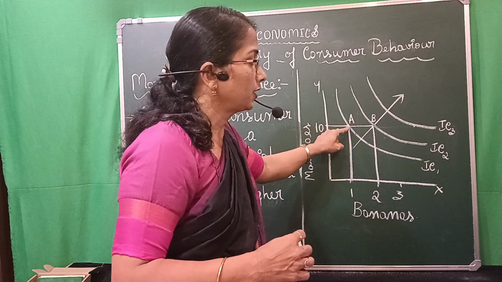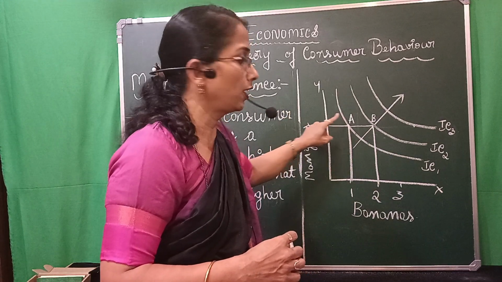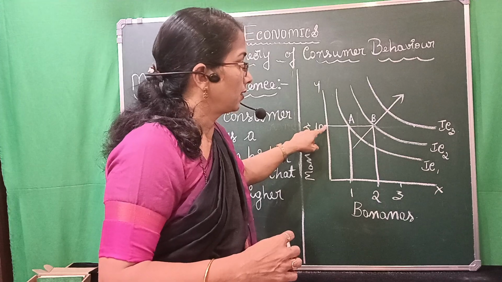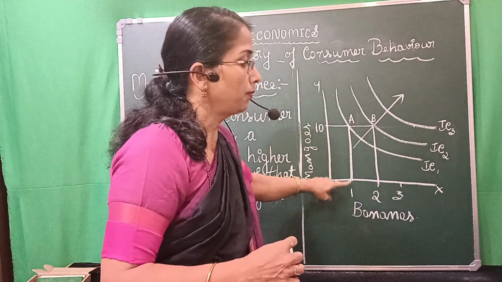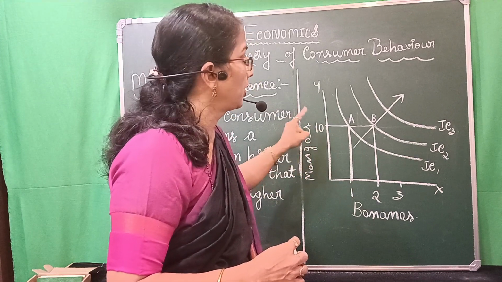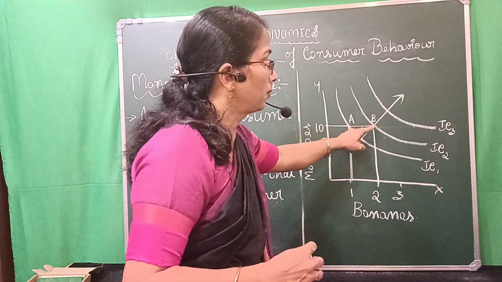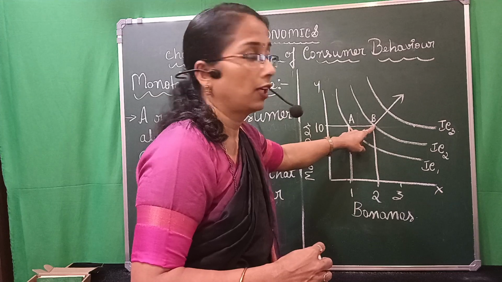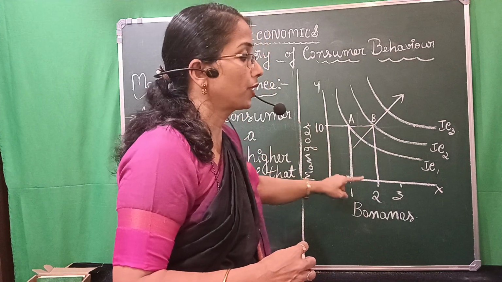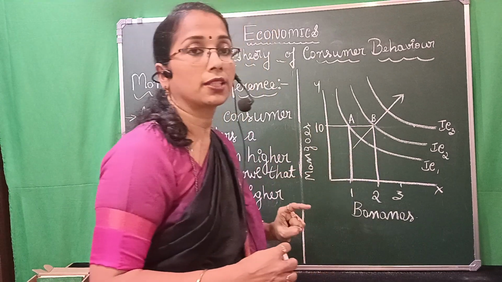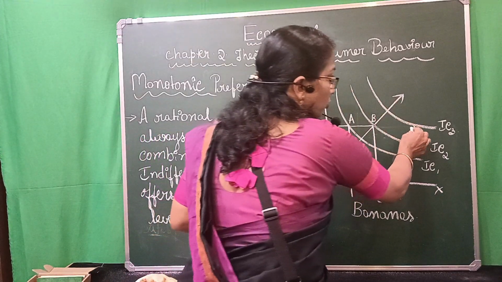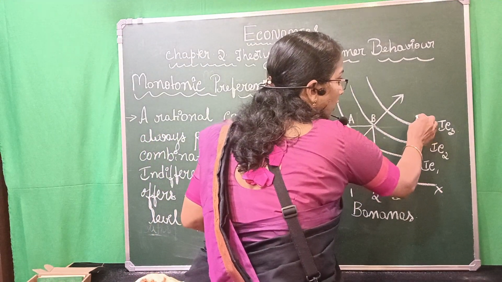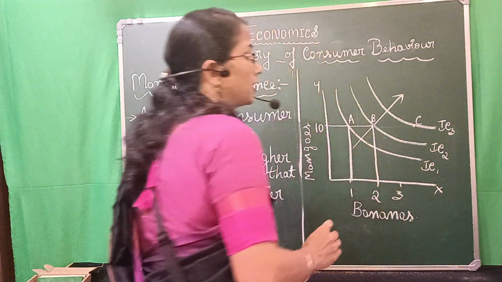On IC1, combination A gives us 10 mangoes and 1 banana. Combination B on IC2 will give 10 mangoes and 2 bananas. Suppose I mark one more point on IC3, let us mark it as C.